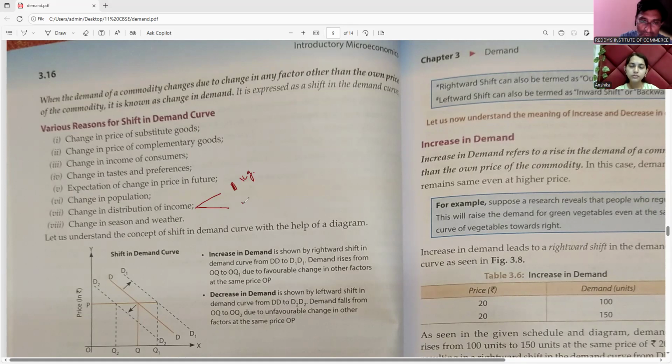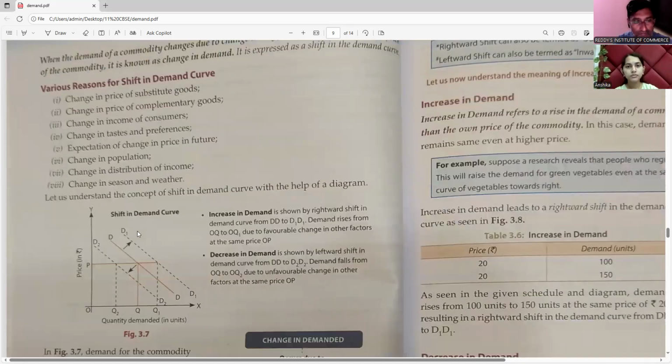So what will we do? 1 kg apple will be bought, another 1 kg pomegranate will be bought. Your income will be distributed in different commodities. Right? Then again, we can understand with the example.